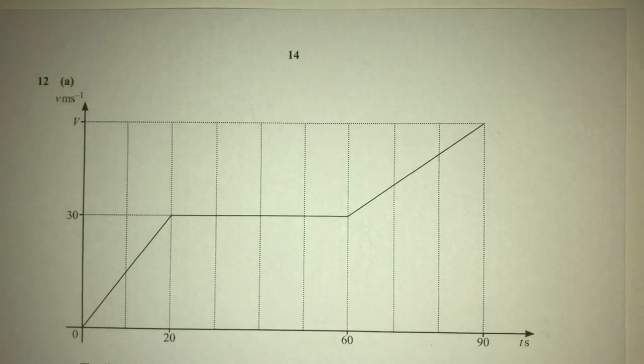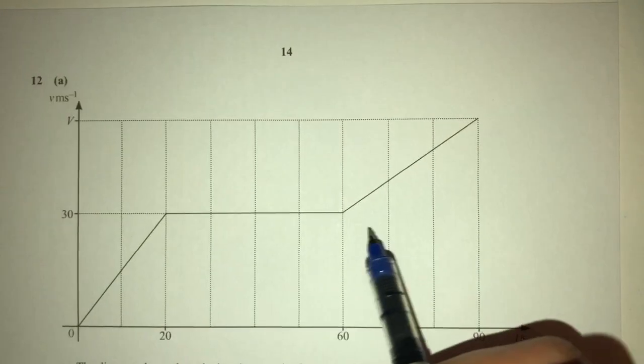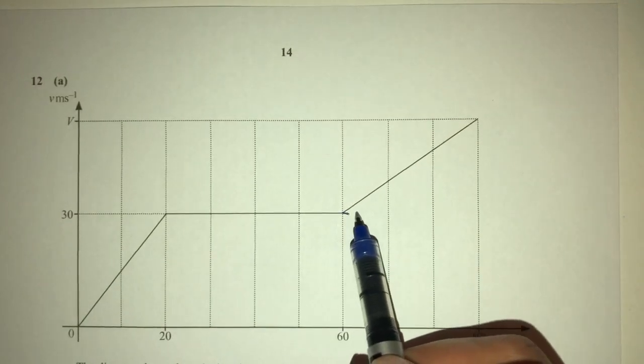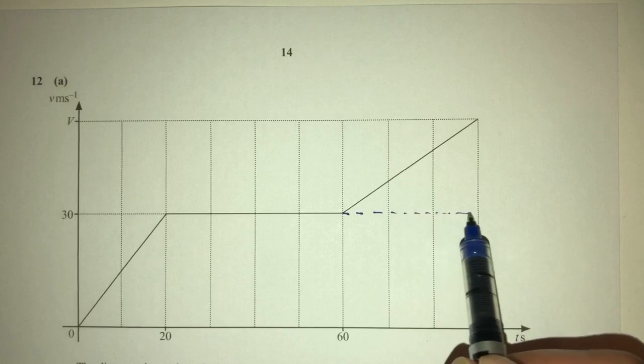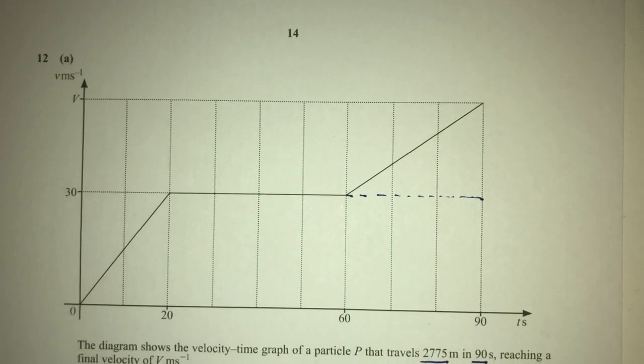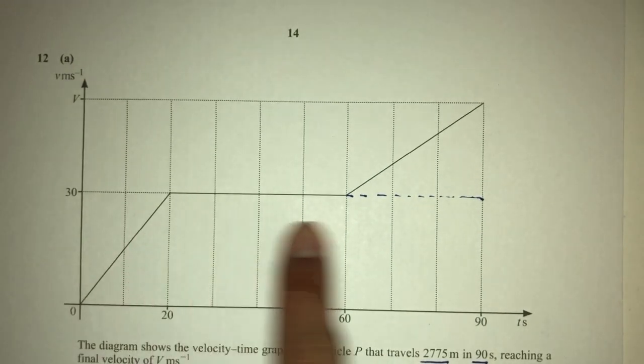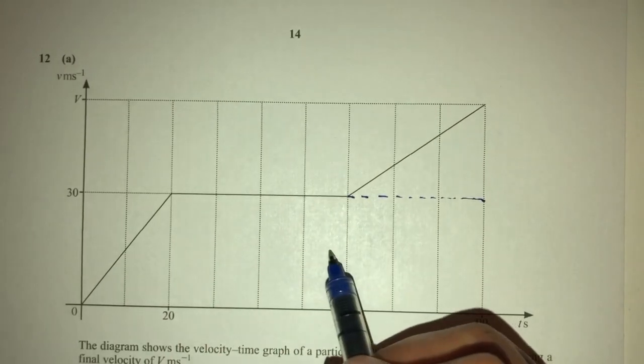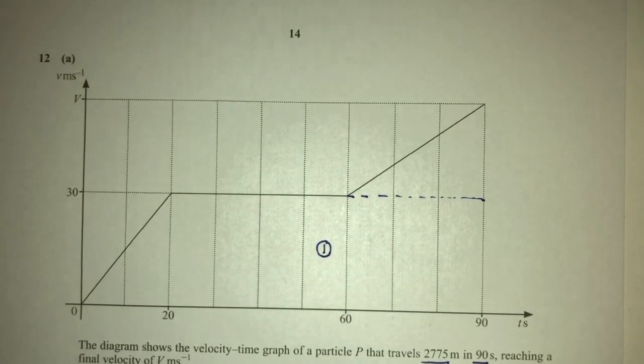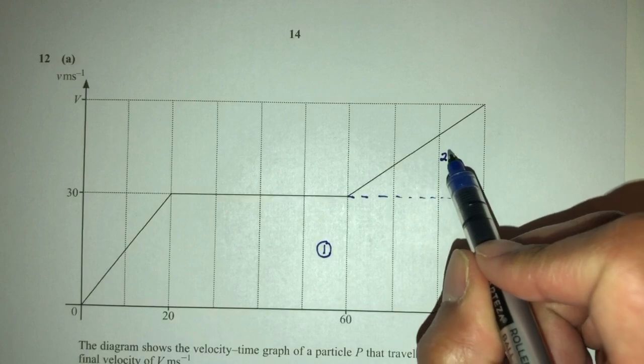The trick here is to break this down into 2 pieces where you can find one by one. For example, if I were to draw a straight line here, as you can see, we will have 2 pieces. Let's call this number 1, which is the trapezium, and this is the triangle.